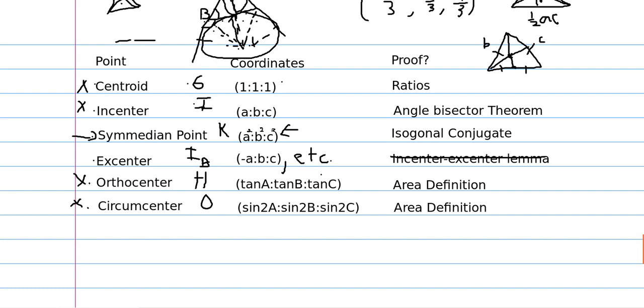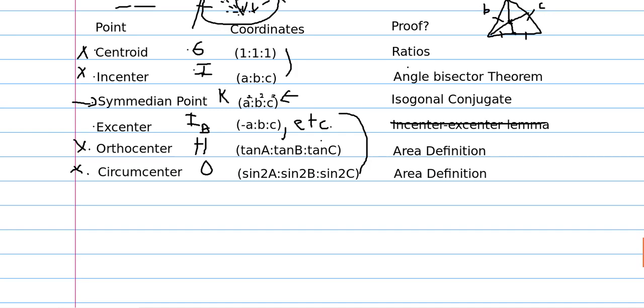I find all of these 5 to be pretty easy examples, so I encourage you to do them for practice, but I might make a video about this one, perhaps not as a part of this series, but just on symmedians in general, because I hear they're useful in Olympiad geometry, but I don't know much about them.